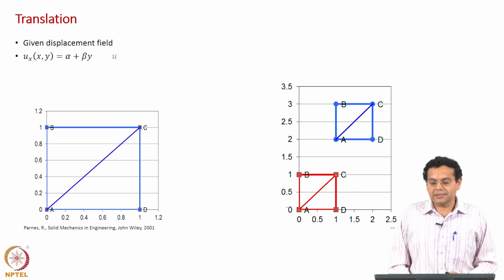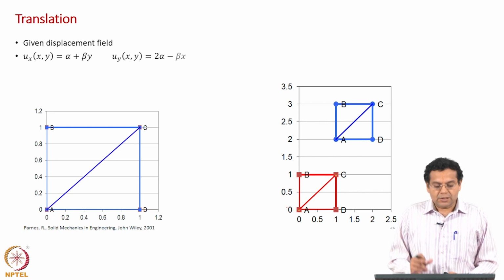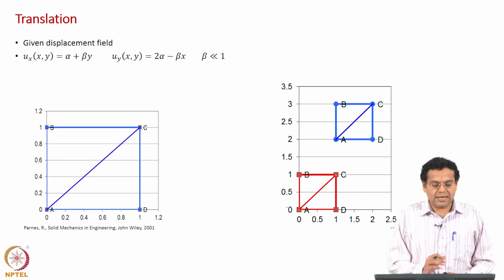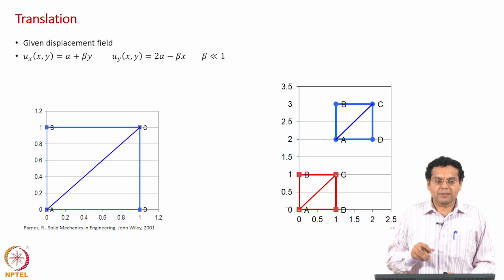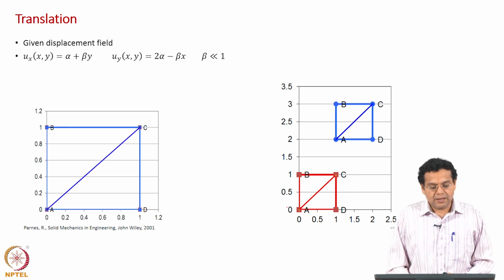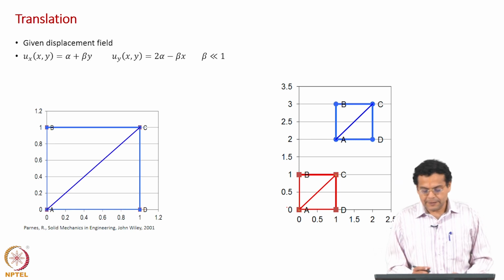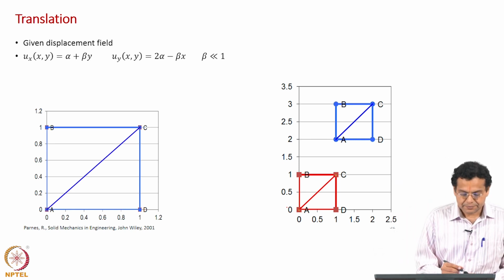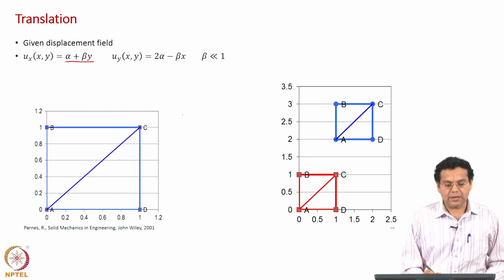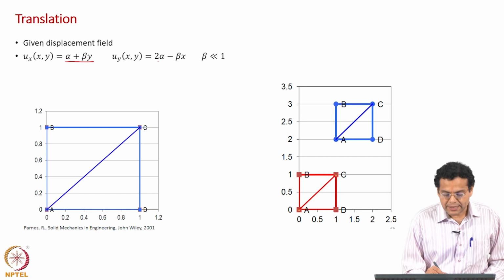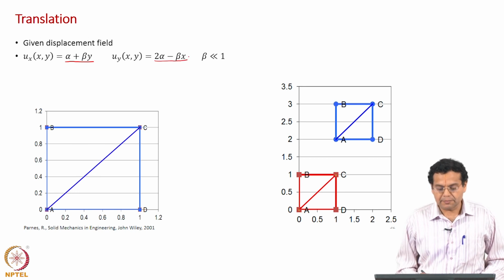Two dimensional case. So, we are given Ux as a function of x comma y, Uy as a function of x comma y. In this case, they are much simpler. The x displacement depends only on y, and the y displacement depends only on x. Now, what is the functionality we have taken? We have taken Ux as alpha plus beta y and Uy as 2 alpha minus beta x.